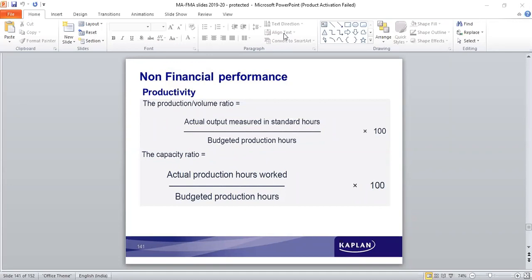So the first thing is productivity. The first ratio which is given is the production volume ratio.